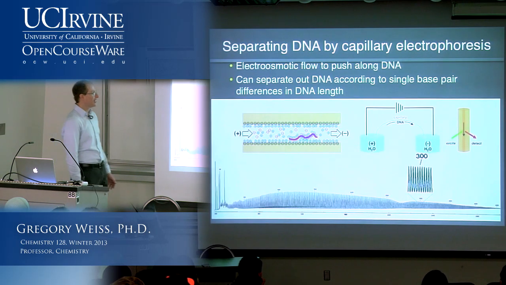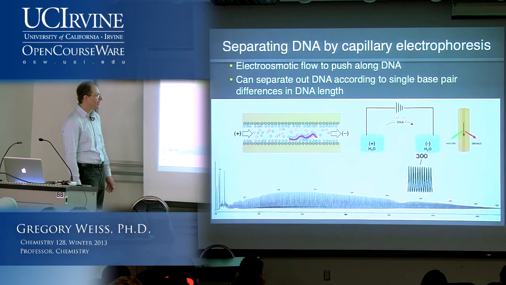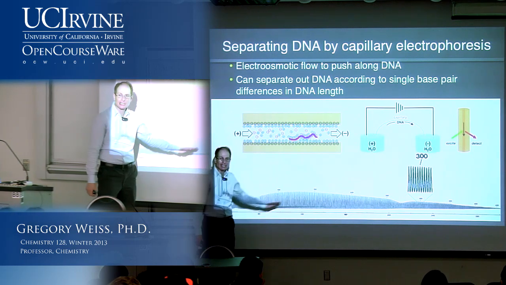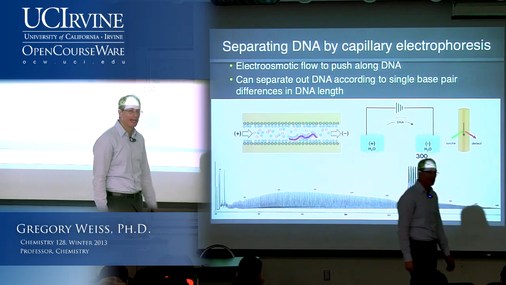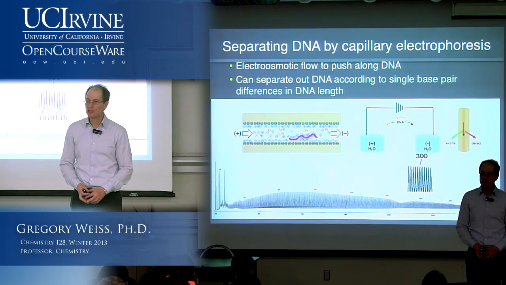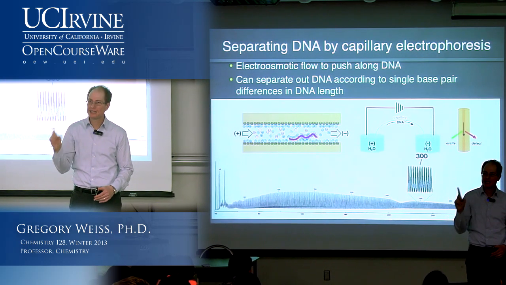In addition to separating on gels, we very commonly separate out DNA using capillary electrophoresis. This is a much more effective way of separating out DNA that differs by a single base in size.